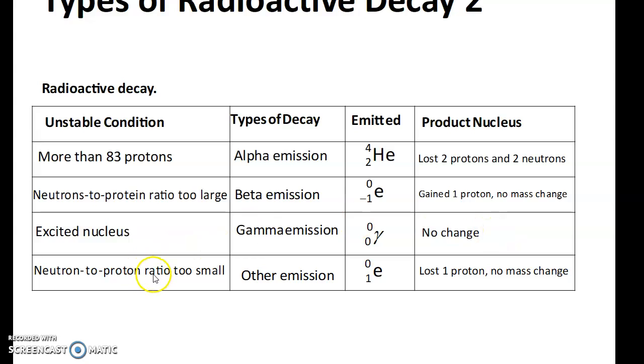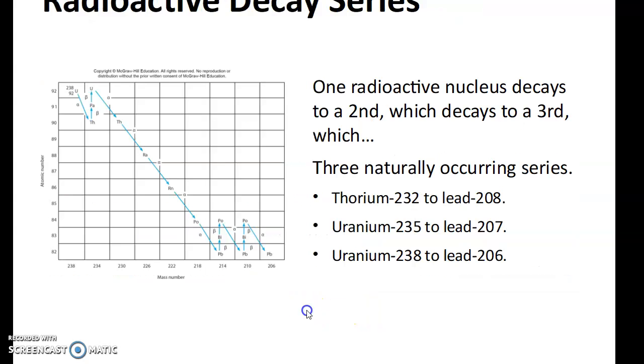Neutron to proton ratio too small, you get other types of emission, so it loses a proton, no mass change. Okay? And this is a radioactive decay series. You have uranium up here at the top, and it breaks down to thorium. Here you have uranium going to thorium, and then this one right here.